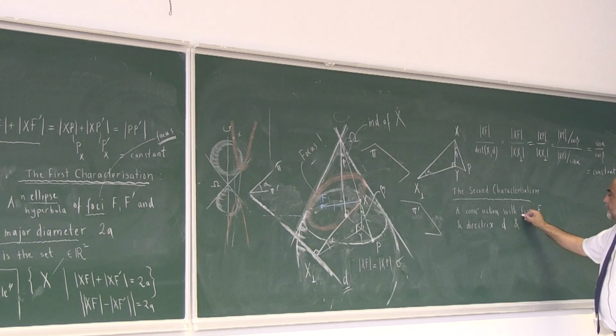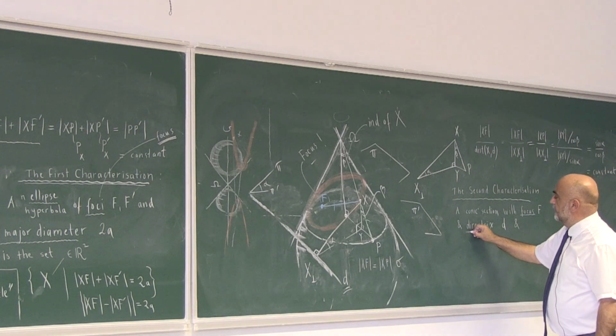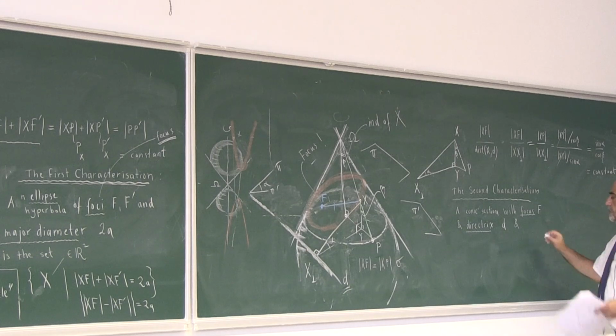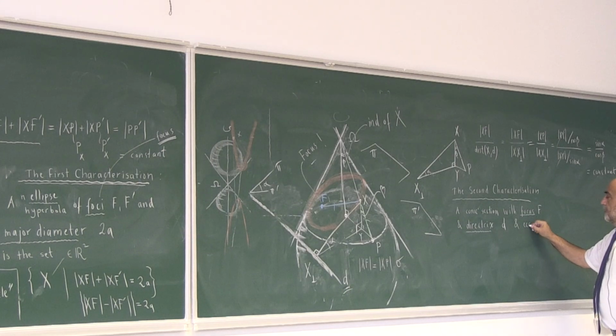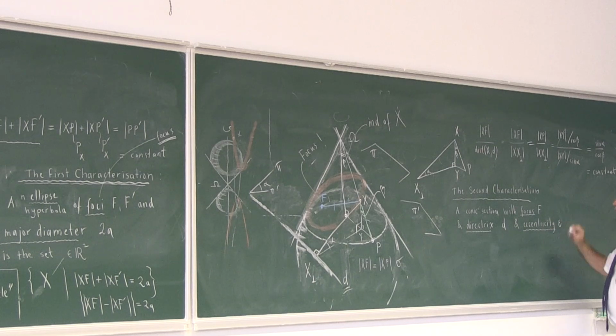So focus is one piece of the data that's required. Directrix is yet another thing. And there's a number. It's called eccentricity, and it is traditionally denoted epsilon. That's a number.